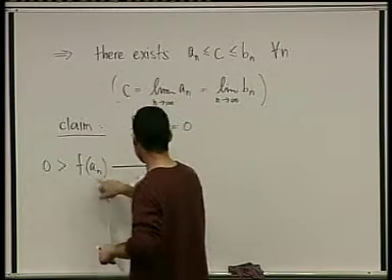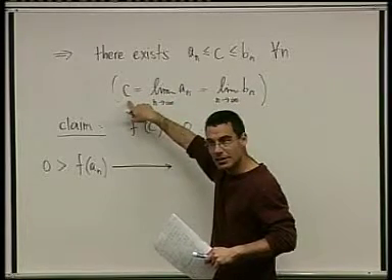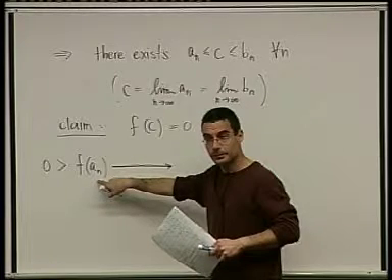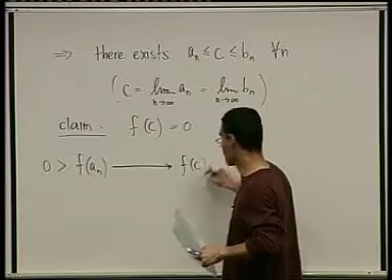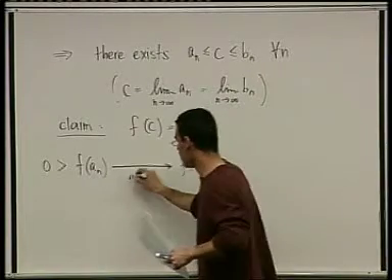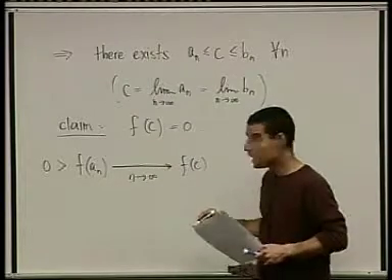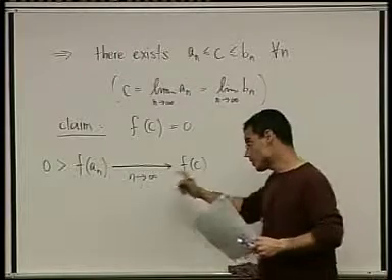Since a_n converges to c, what do we know about f of a_n? Why is this true? Stronger. It's not just Heine's theorem.